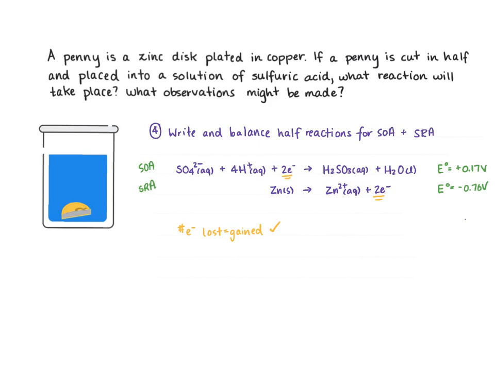So our net reaction here is going to be sulfate plus 4 hydrogens plus zinc solid. It's going to produce sulfurous acid plus water plus zinc 2+.